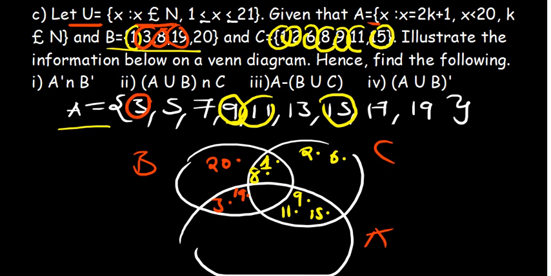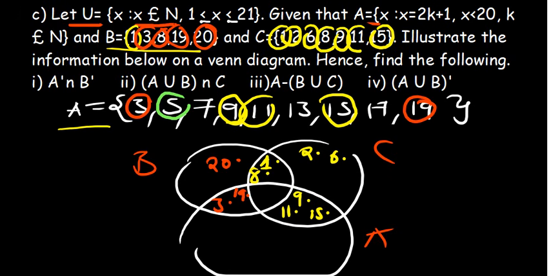What else are we remaining with? So 20 is gone. 19 is already taken there. 13 is not taken. So I can go to my A and also look at it. We can clearly see that 5 is only in A, right?